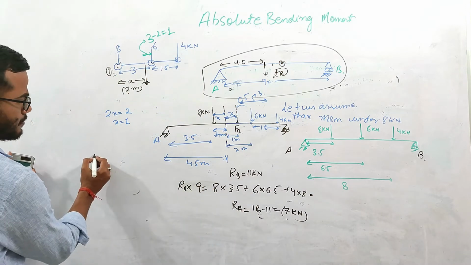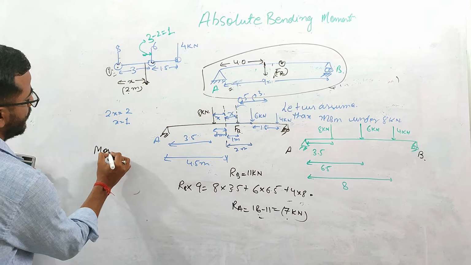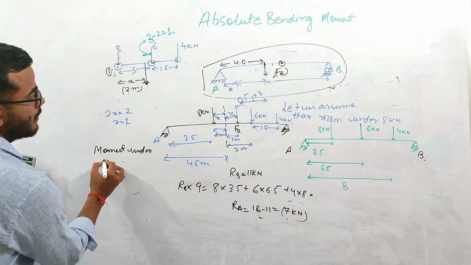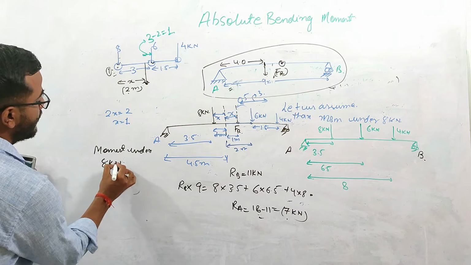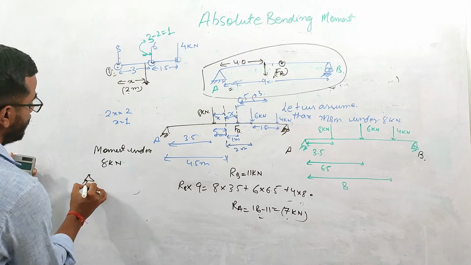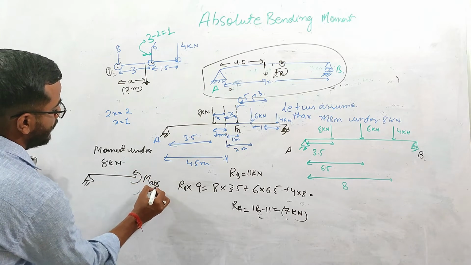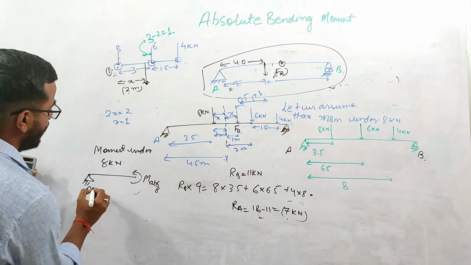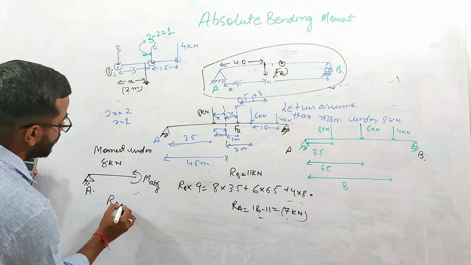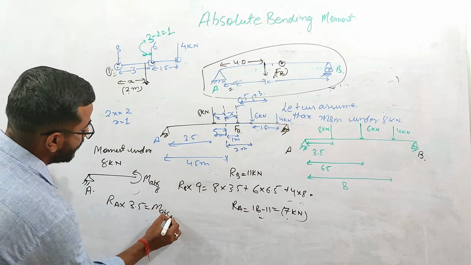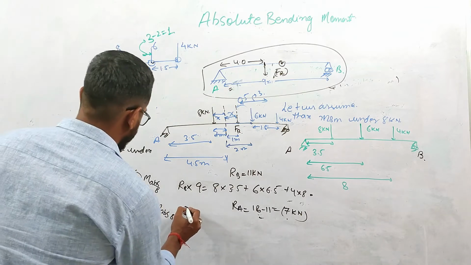Now the moment under the 8 kilonewton load: again this will be the free body diagram. This is M absolute under the 8 kilonewton load, and this is RA. So RA into 3.5 equals M absolute under 8.